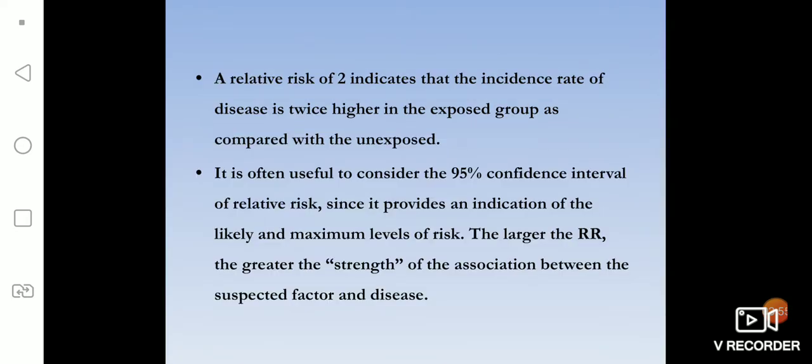If the relative risk is 2, it indicates that the incidence rate of disease is twice as high in the exposed group compared to the unexposed group. It is often useful to state the 95% confidence interval of relative risk, because it indicates the maximum level of risk. The larger the relative risk, the greater the strength of association between the suspected factor and disease.